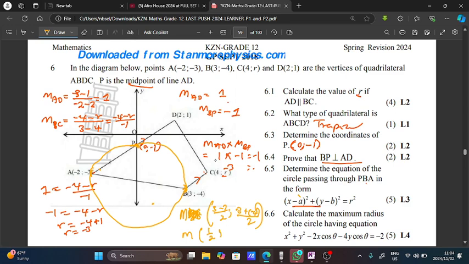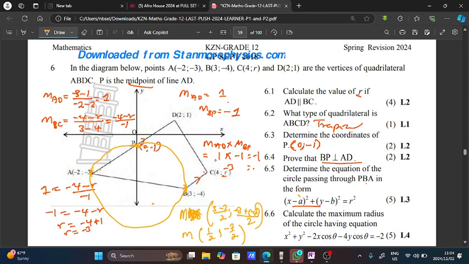Because we have negative and negative. For the y, there is negative. That will be negative 7 over 2. So that is the center.